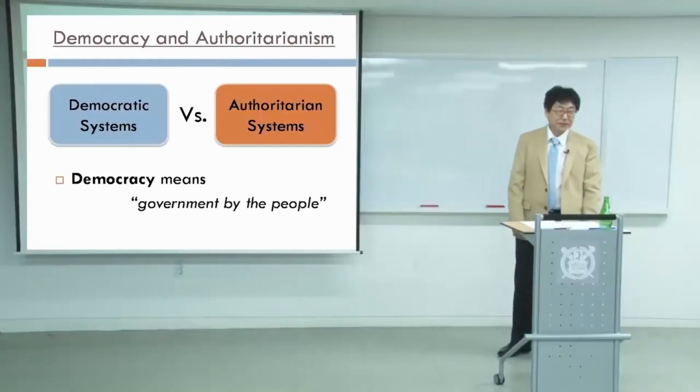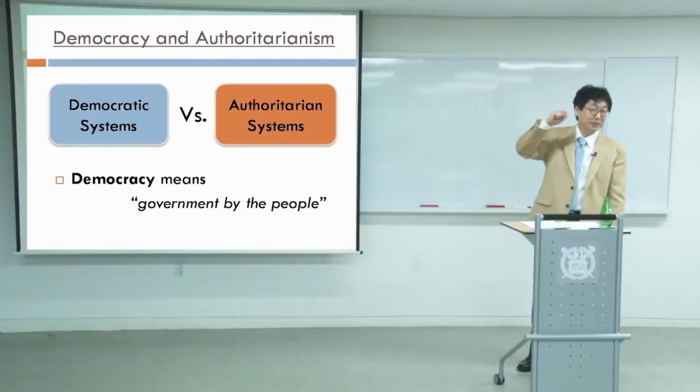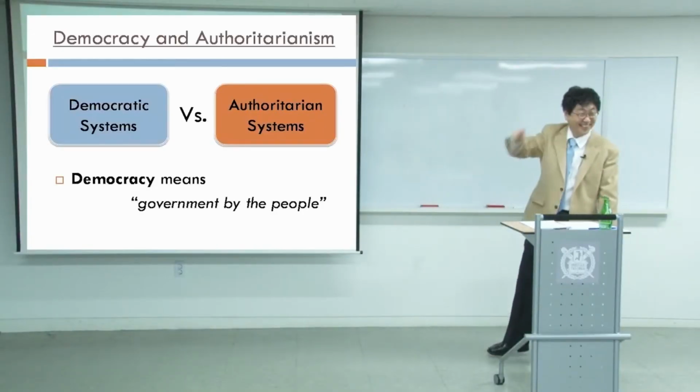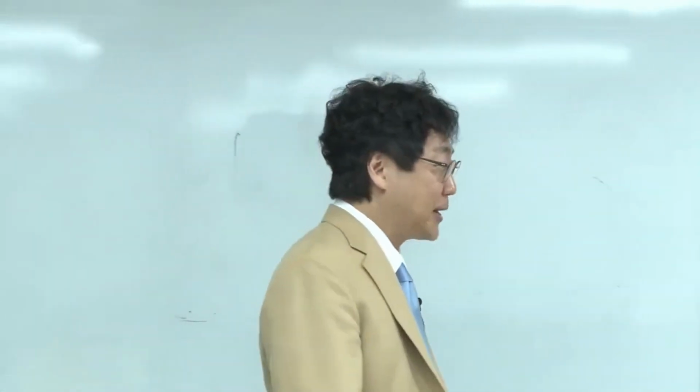The President Park said those who are in favor and then those who oppose. Yeah, that's a direct democracy. But with 50 million people, it is simply not feasible, right? It is not realistic.